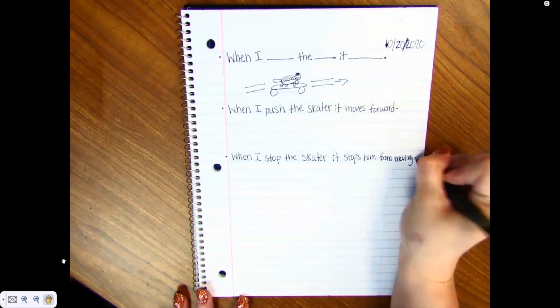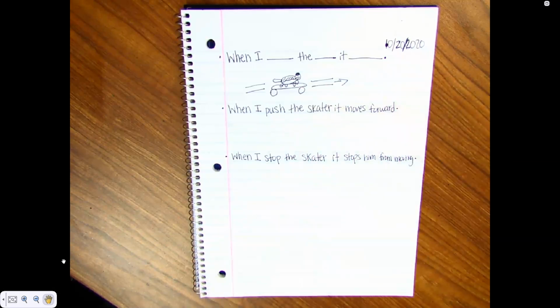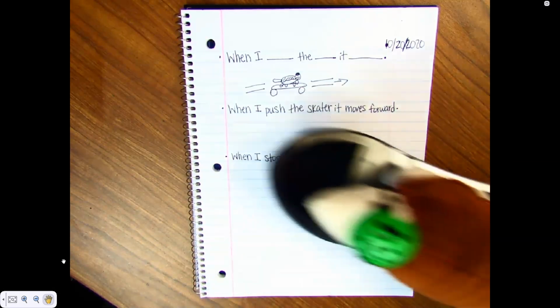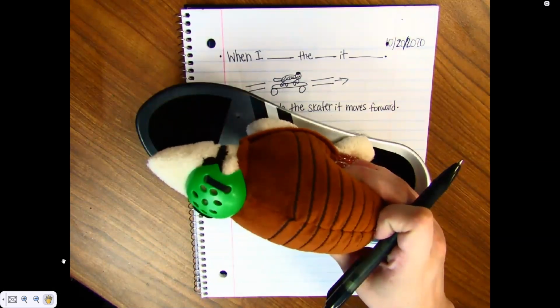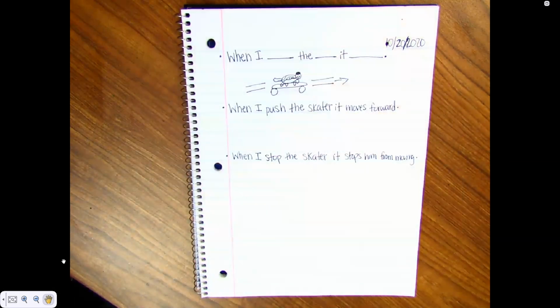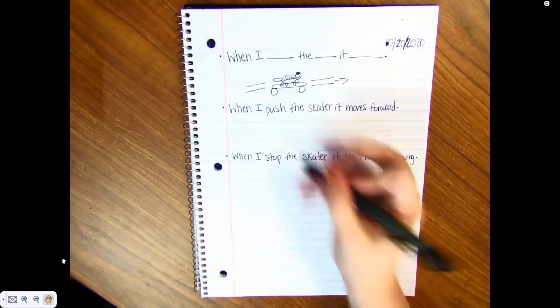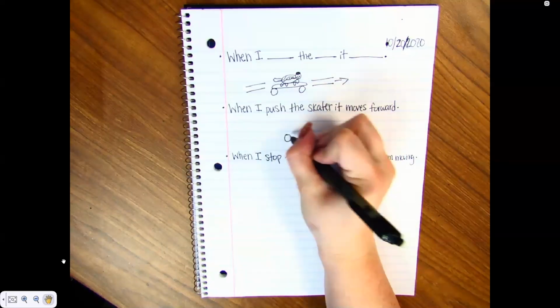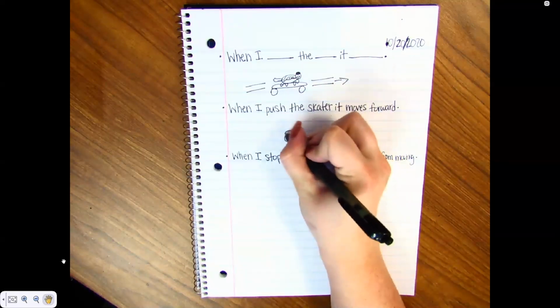When I stop him, it completely stops him from moving. So if he's moving and I stop him, it completely stops him. He doesn't keep moving. Okay? So you're going to do the same thing. So look, I'm going to draw my little skater man.